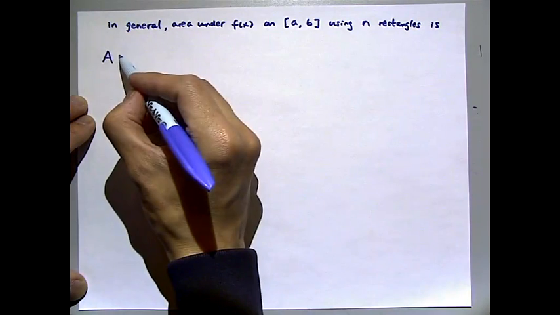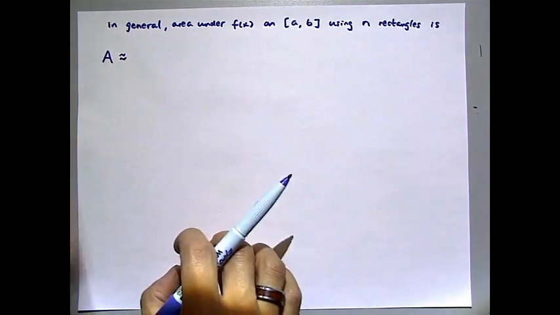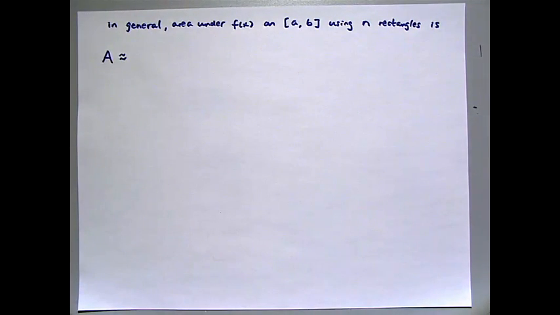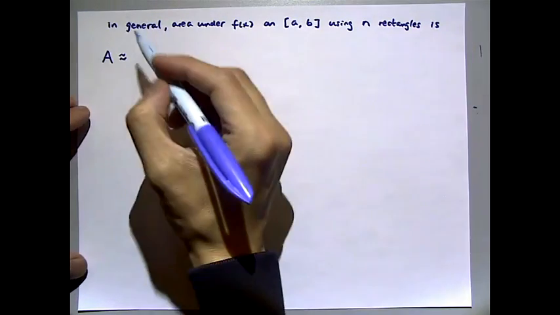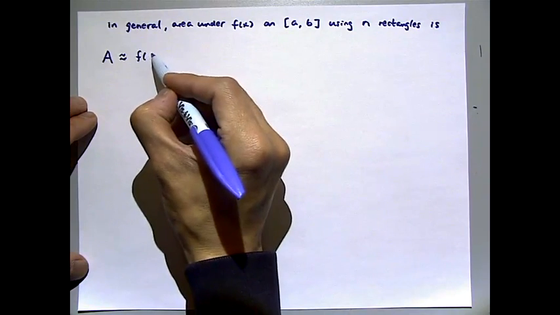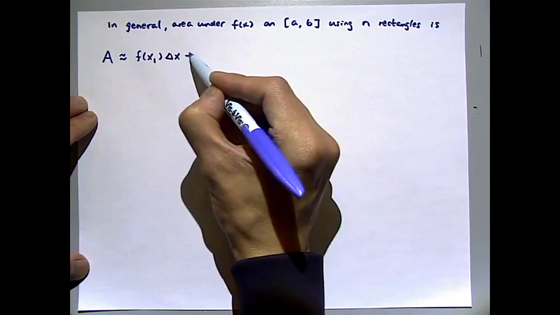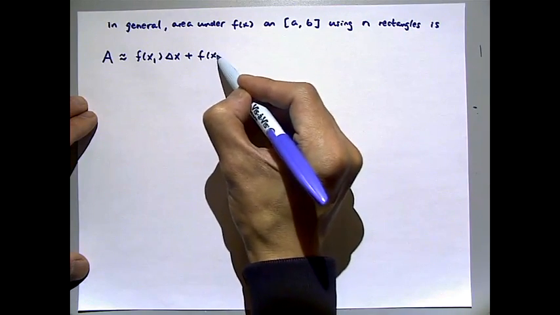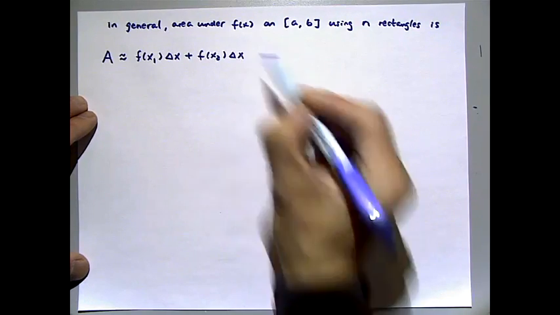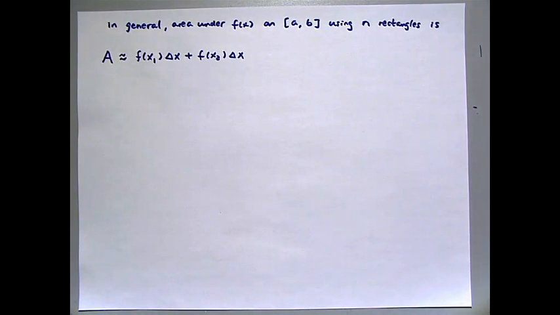We'll call the area A, and that's going to be roughly equal to, same thing we've been doing here, the sum of the area of each one. Let me write down a few of these and you'll see how they work. Okay, we'll stop with that for a moment here. Let me explain these pieces.